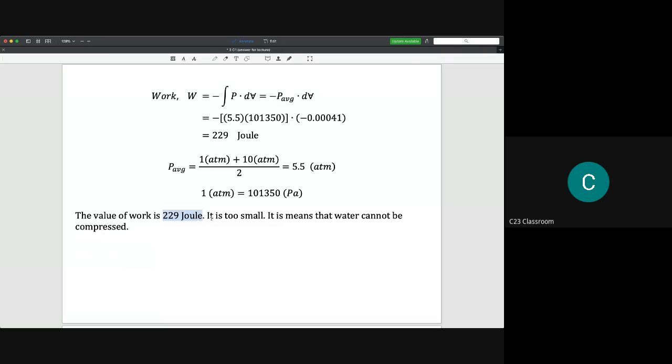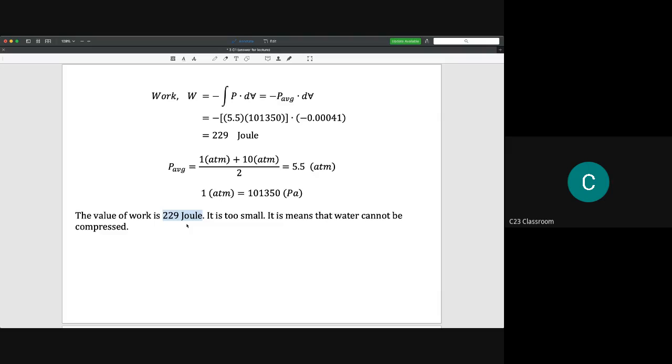So we assume that it is too small, which means that water cannot be compressed. The idea here is, for example, you have a machine and you try to compress water. When you compress it, you find that your machine gives you just a very small amount of work. It does not mean that with 229 joules you could compress water to 10 atm.